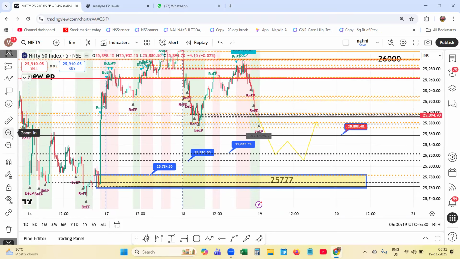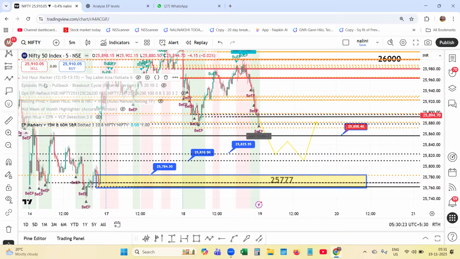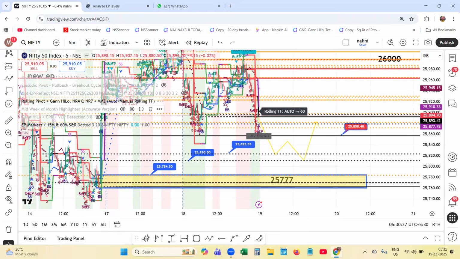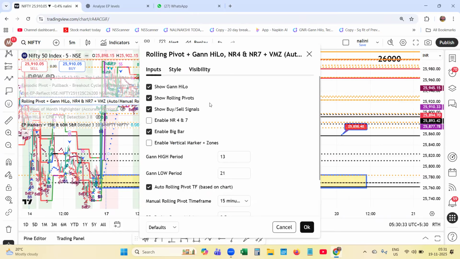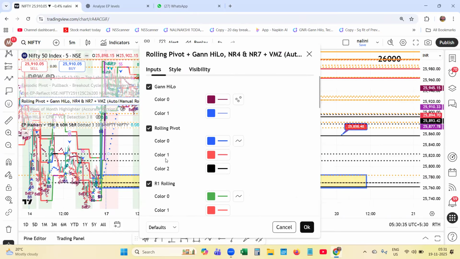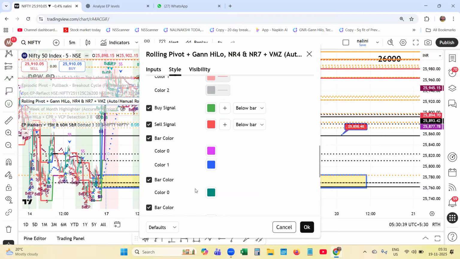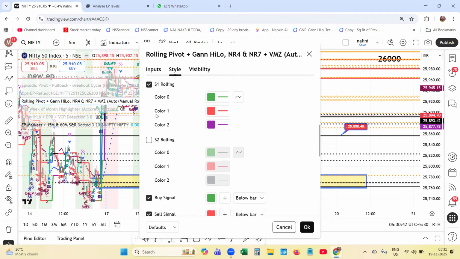So along with that, if I enable rolling pivot, since there are so many lines, I'm putting only this pivot. I will take out R1 and S1 rolling.